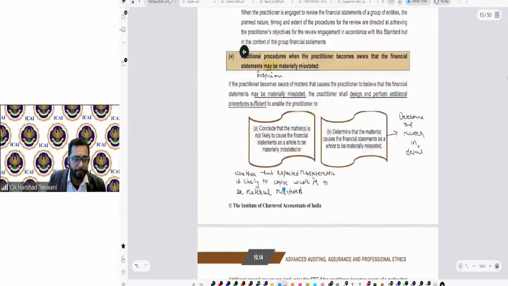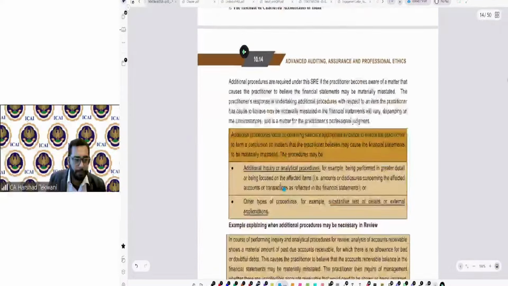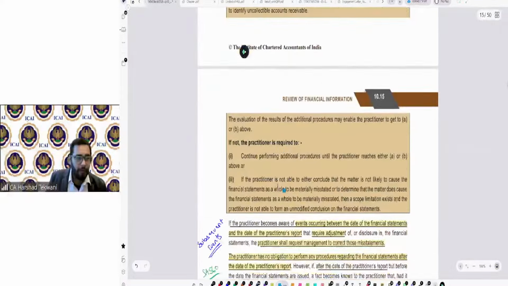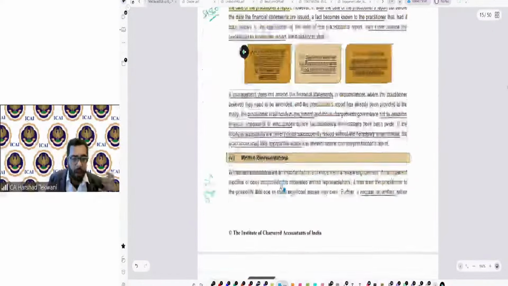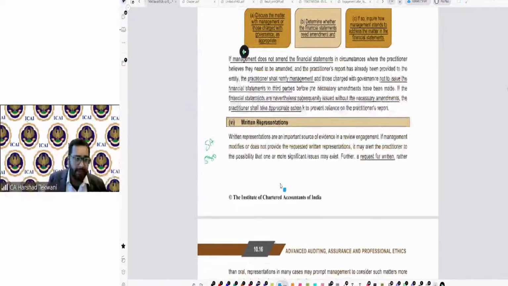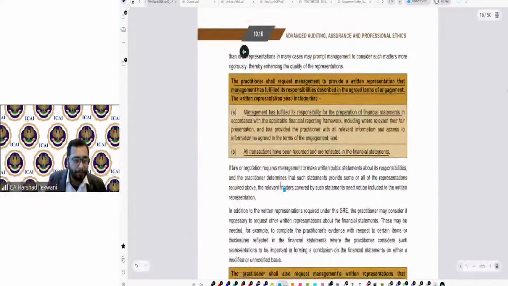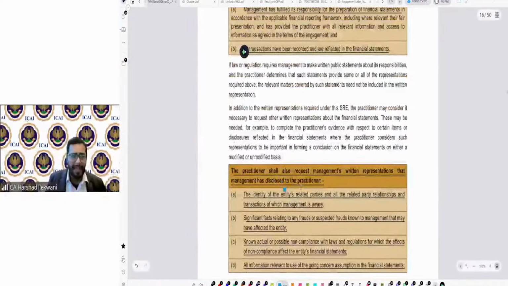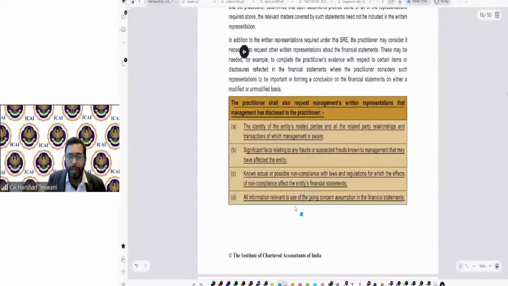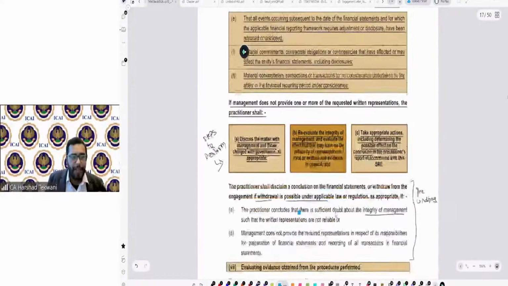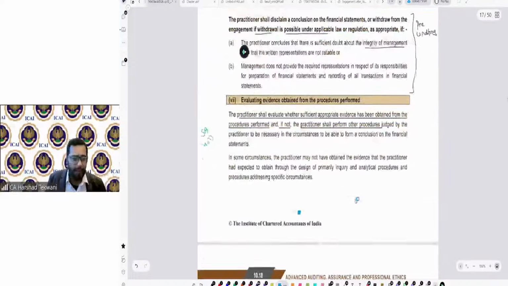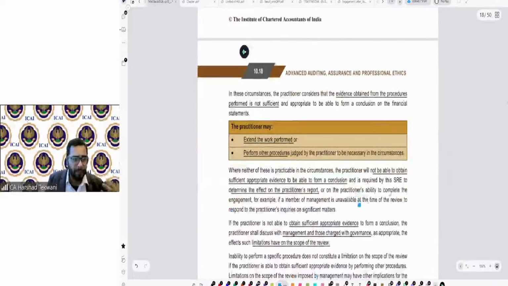Then we discussed subsequent events, on similar lines to SA 560, and written representations, SA 580, and the key areas where we need to take written representations. Evaluating the evidence, again on the lines of SA 450, we discussed that one.